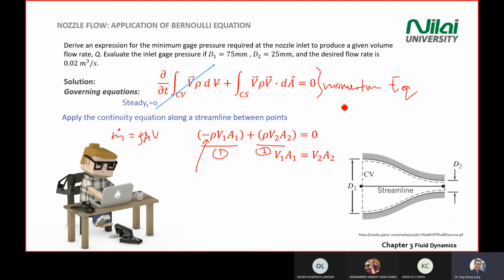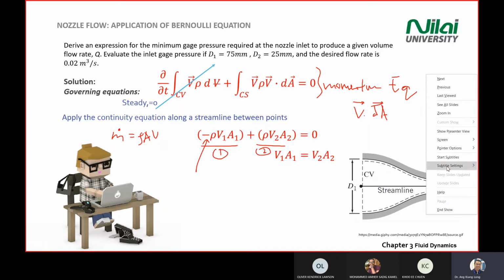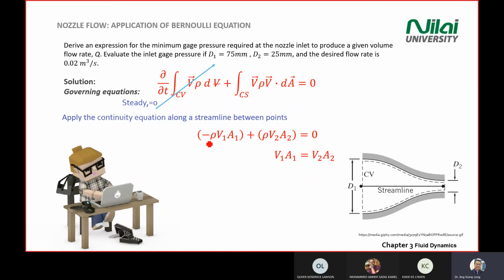Because when you write the continuity equation, there's a product of V dot dA, the vector. So there's a negative sign there. Again, be careful on the negative sign.